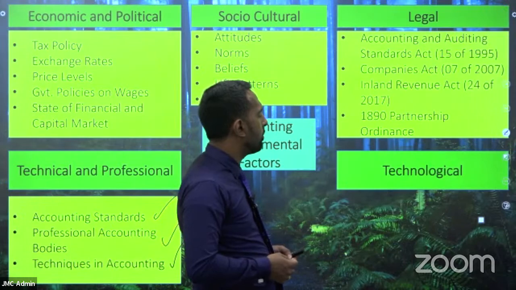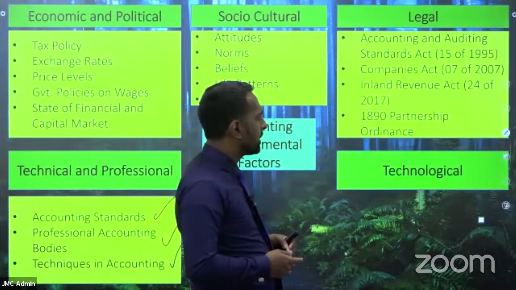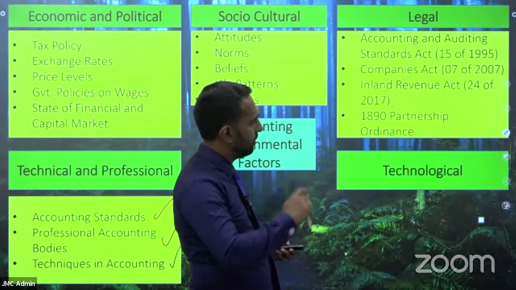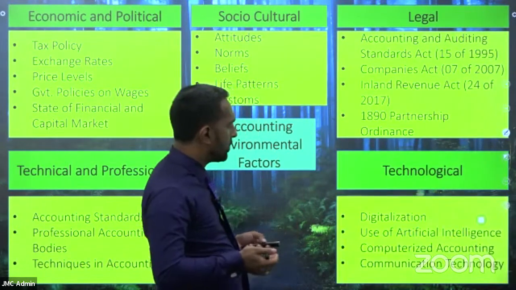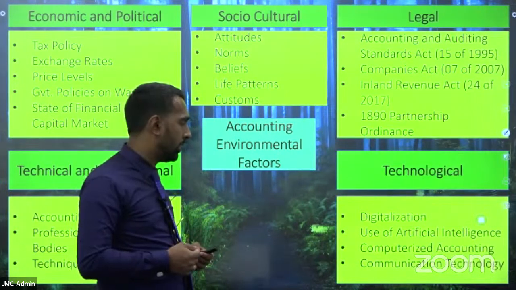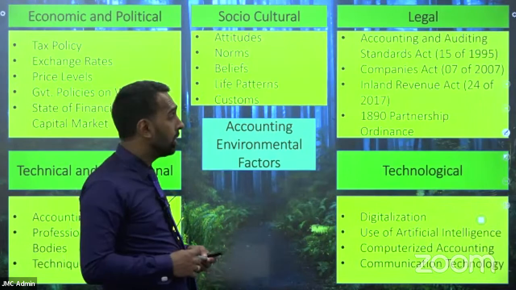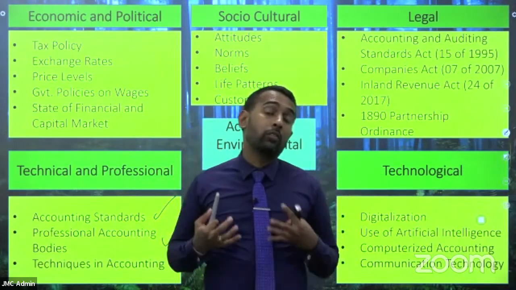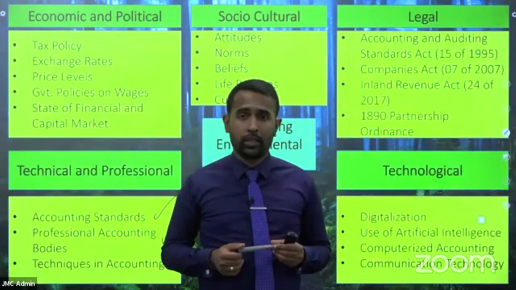And there is also the 1840 Frauds Prevention Act. A lot of stuff is there. Technological: digitalization, use of artificial intelligence, computerized accounting, communication technology. So like that, these environmental factors have an influence over accounting.